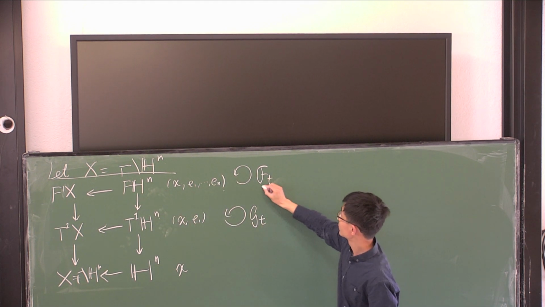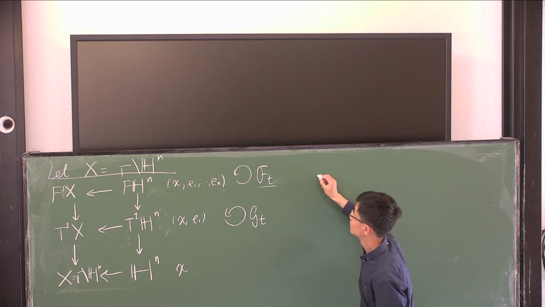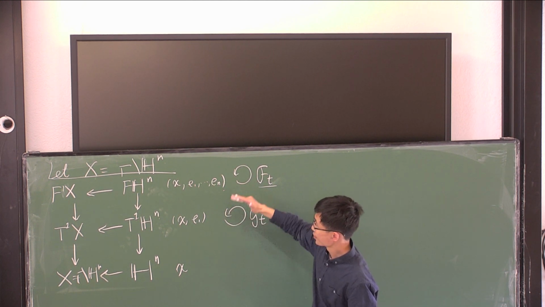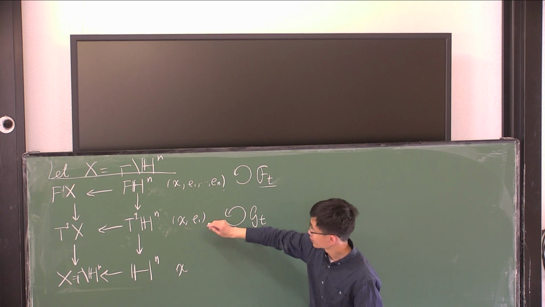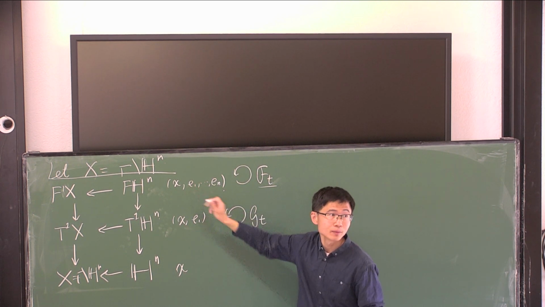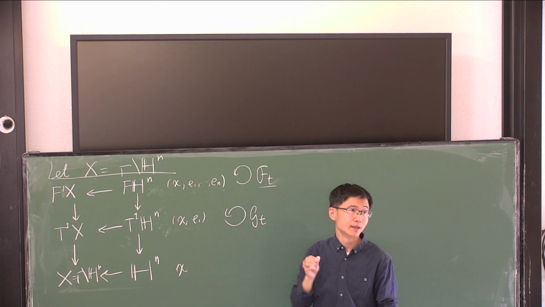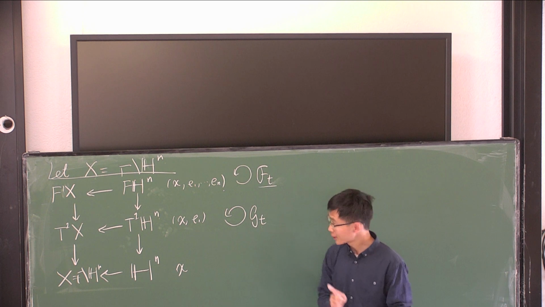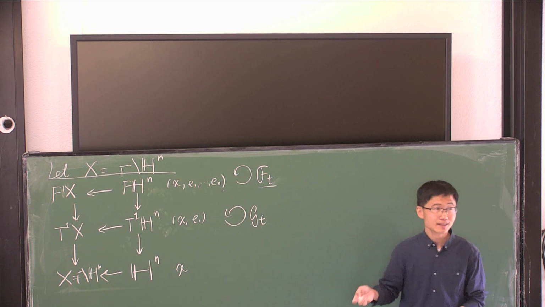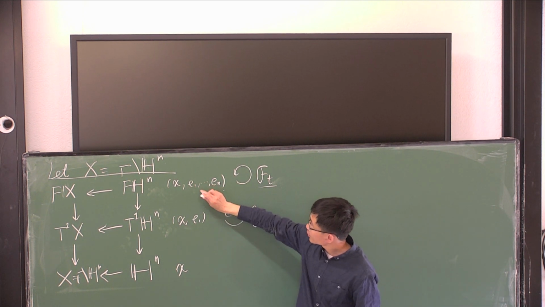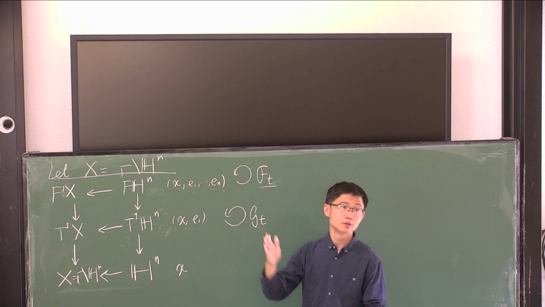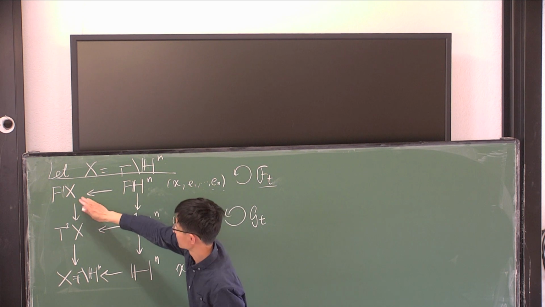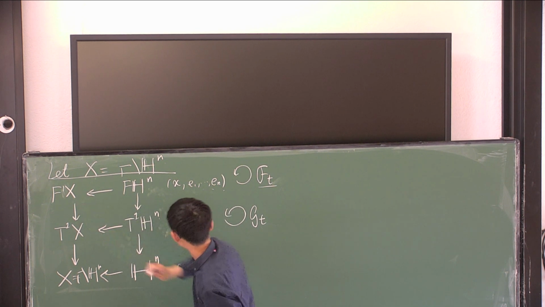And the frame flow is defined as follows: you take the first vector in the frame, and you get a geodesic, and then you do the parallel transport along this geodesic. This parallel transport will transfer all these frames, and you get a new frame. So this is the frame flow. And then when you quotient down, you get something on the space FX.